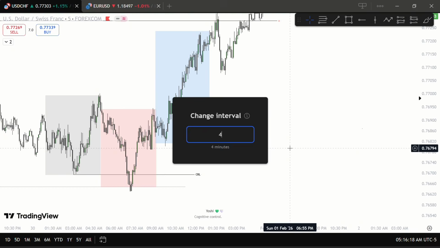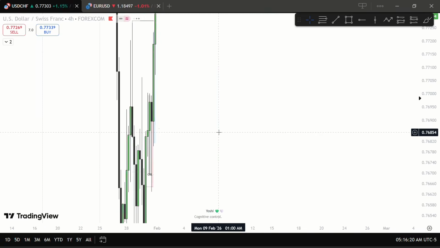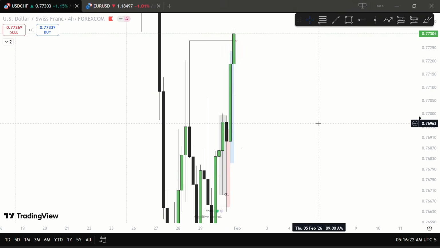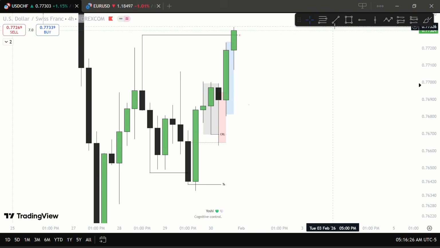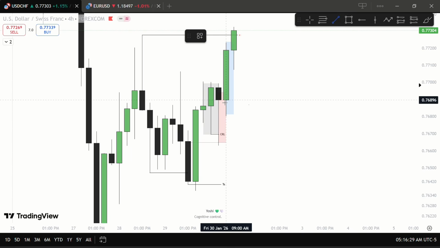So let's take a look at this candle as an example. We're trading candle number 3. This is the open of candle number 3 marked out.